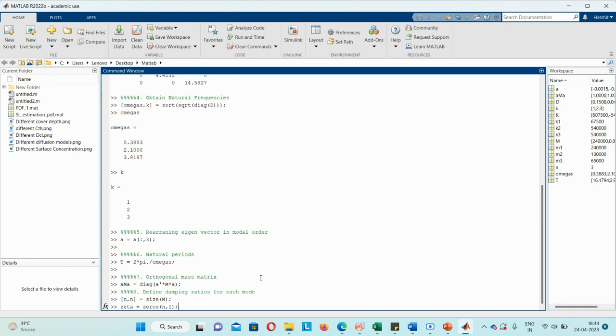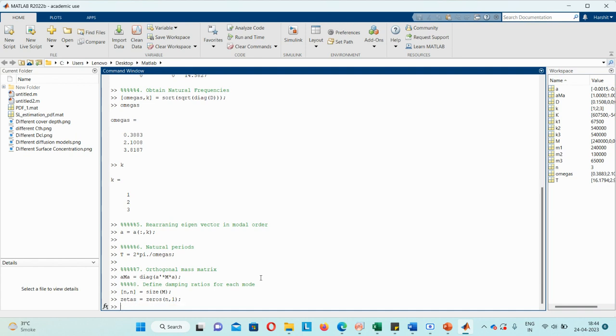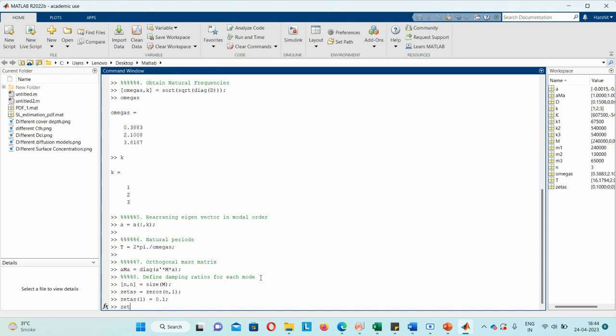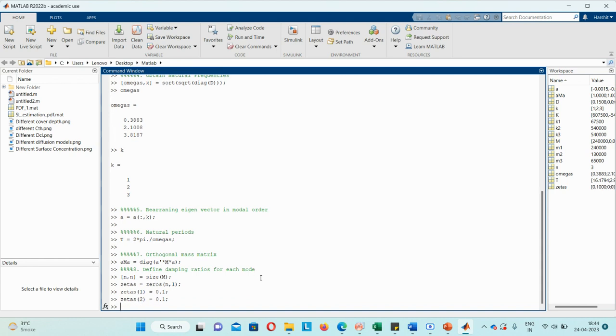So we are defining the LHS. We know zeta for all three floors is the same. So zeta 1 is equal to 0.1, zeta 2 is equal to 0.1, zeta 3 is equal to 0.1.